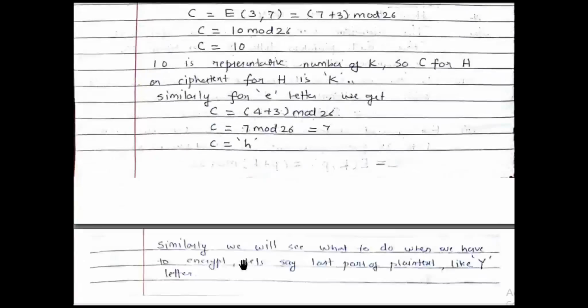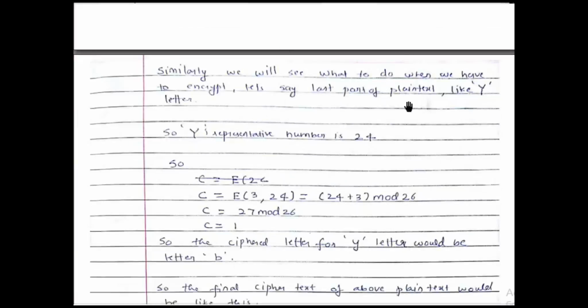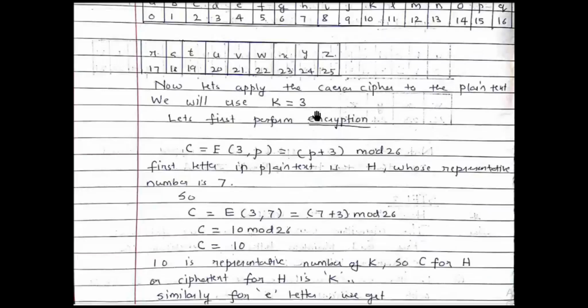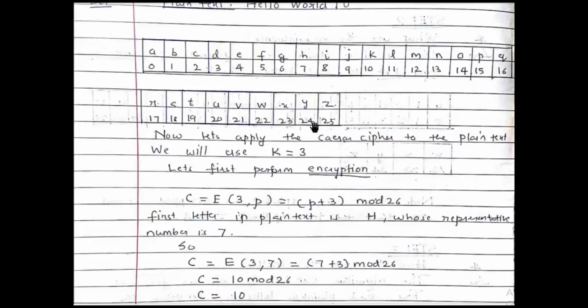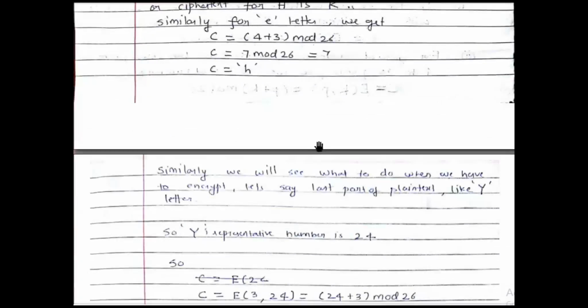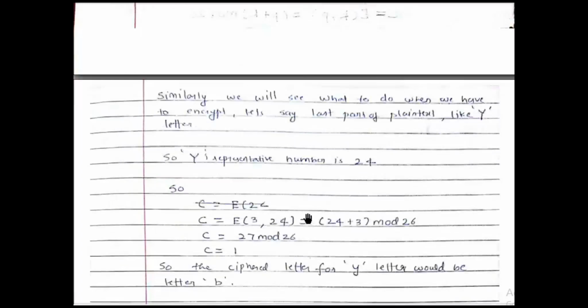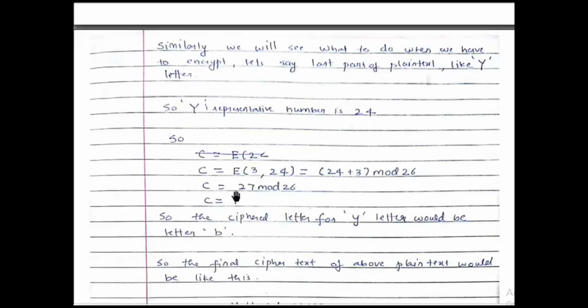Okay, now I will also show you what happens if it is a letter like Y or Z. What happens at that time? Let's say Y is the representative of number 24 over here. So C is equal to E of 3 comma 24, that is the encryption function, equal to 24 plus 3 mod 26, so the ciphertext letter would be 27 mod 26.